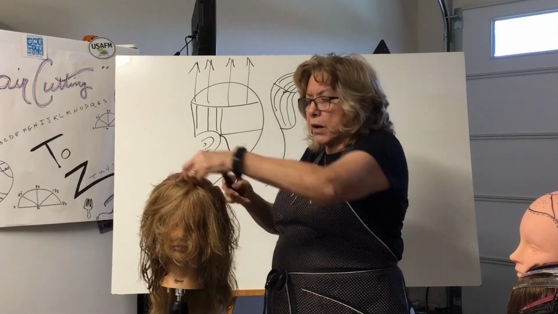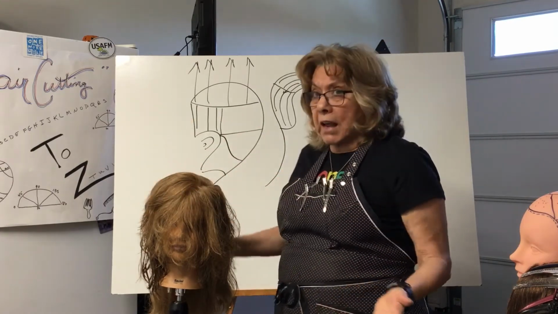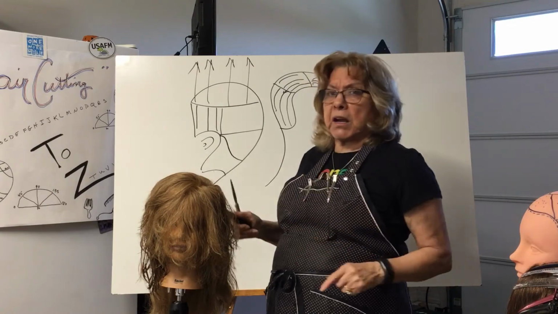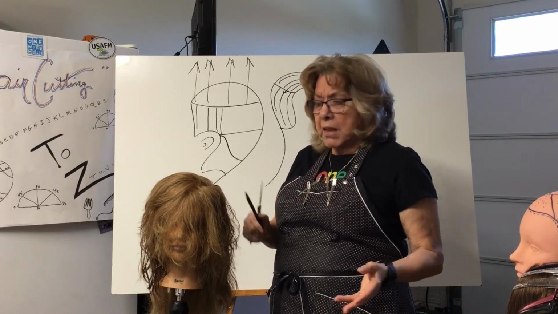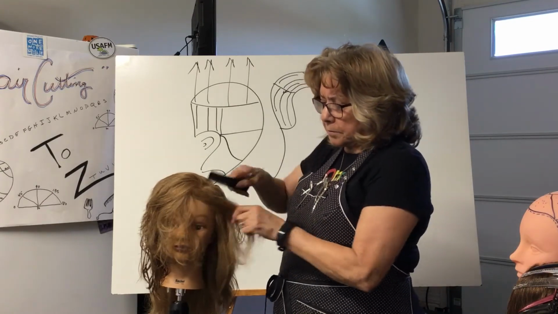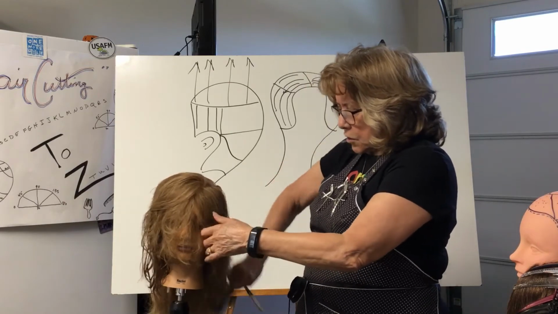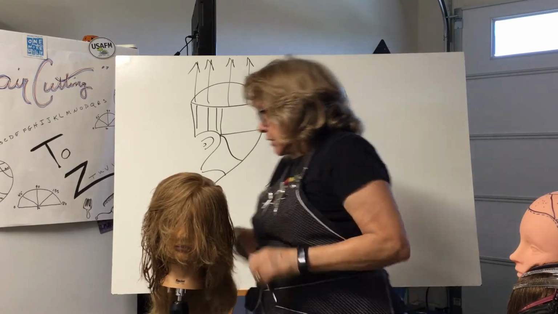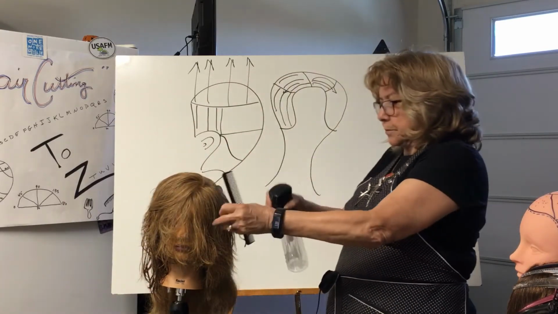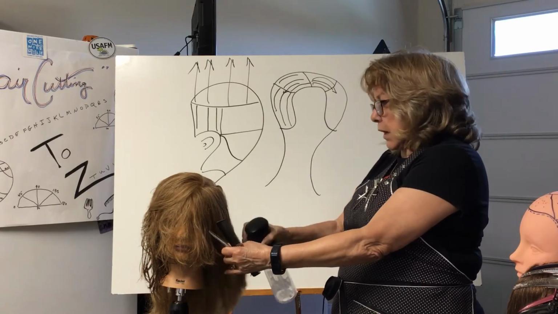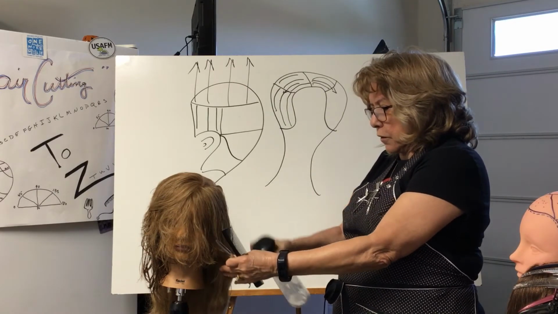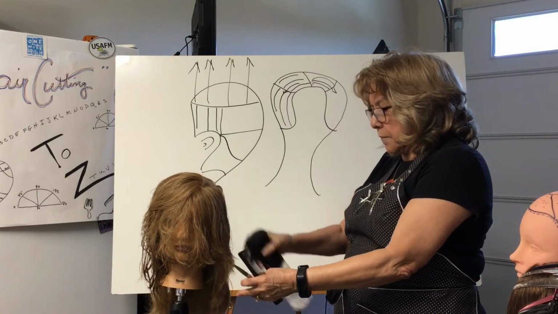That's the upper ridge. We're both speaking the exact same language. We both are going to be cutting in the exact same spot, unless you take it to the parietal line. So we're not taking this to the parietal line. We're only taking it to the upper ridge. And when I cut the back, I am going to turn her around for you to continue to see what I'm doing.